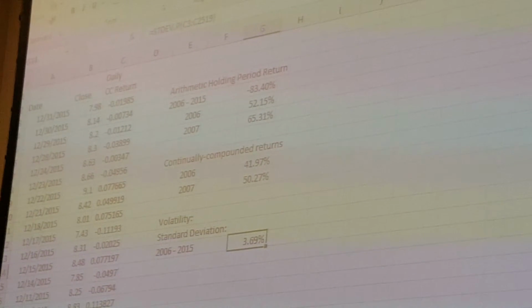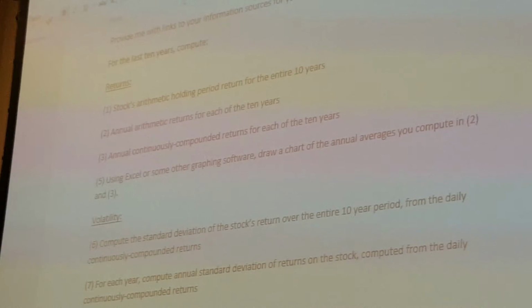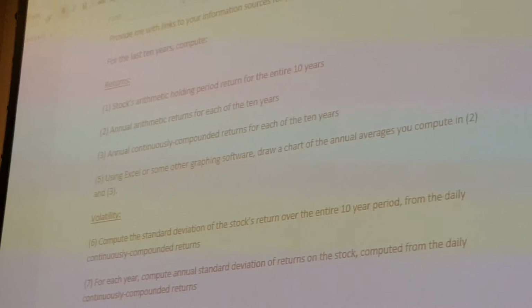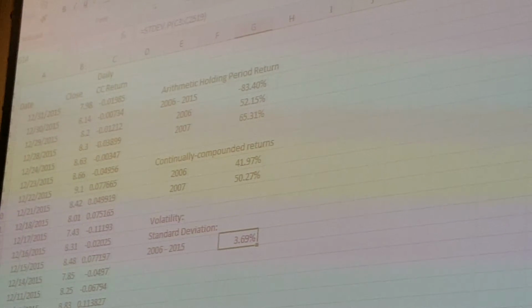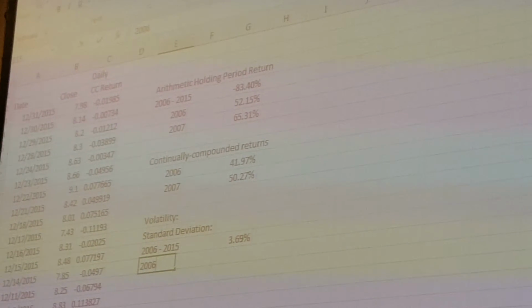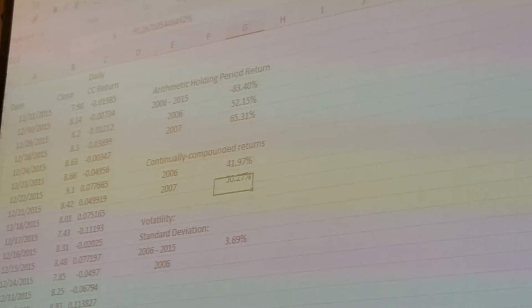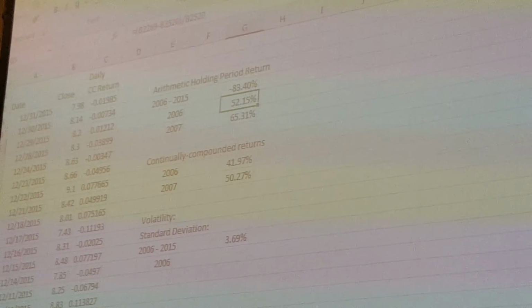Okay, so next thing it wants, compute the annual standard deviation of the returns computed from the daily continuously compounded returns for each year. So you want to do it for 2006, 2007, and so forth. Okay, so 2006 was from 2519, I think, to 2269.